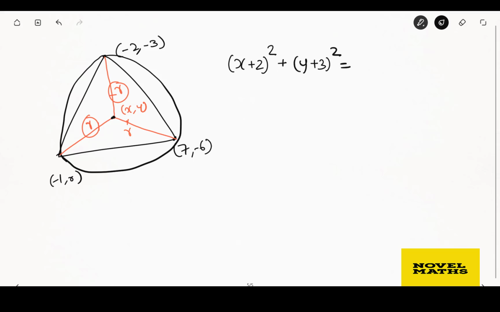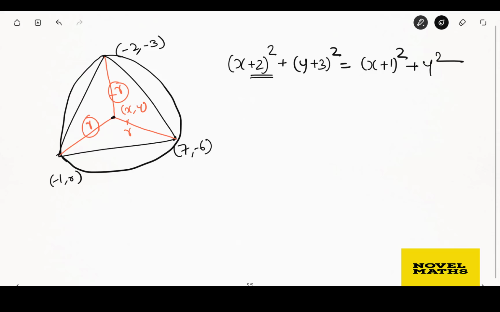We are simply doing r square equals r square, no need to take a square root, right? And this point will be (x minus -1), so (x plus 1) square plus (y minus 0) square. If you see this carefully, we have x square and y square here and x square and y square there, so those will cancel out.